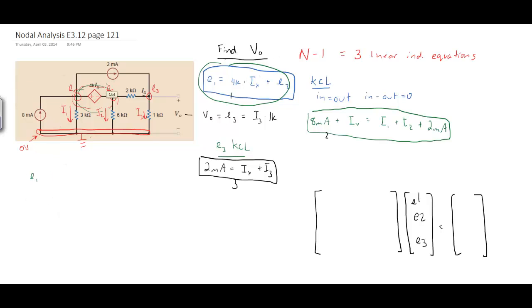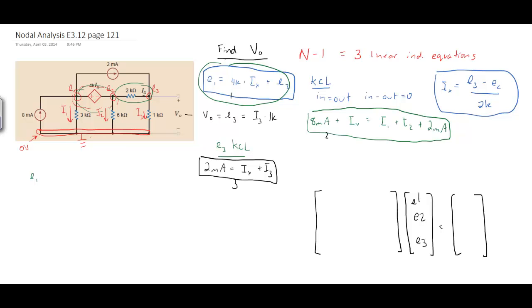We don't want to use this equation itself and put it in terms of Ix. We have another one here, this guy right here. Let's write it over on the side. Ix equals, current flowing from high to low, E3 minus E2 all over the resistance 2K.